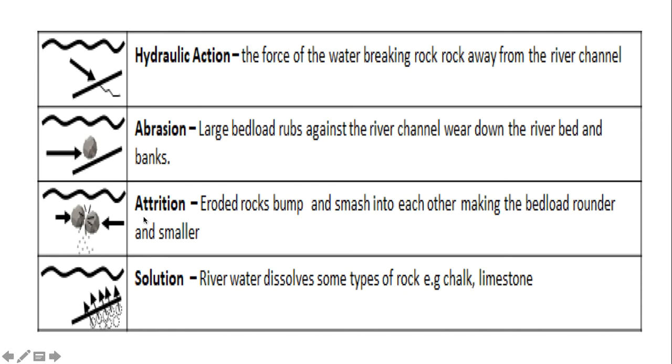It's not going to erode by attrition, because attrition happens to the load, to the rocks that the river is carrying, rather than the river channel. So the meander is eroded by hydraulic action and by abrasion. We've been talking a lot recently about how you can make your answers more specific, and including named examples of erosion and explaining them is one way that you can do that when we're talking about rivers.